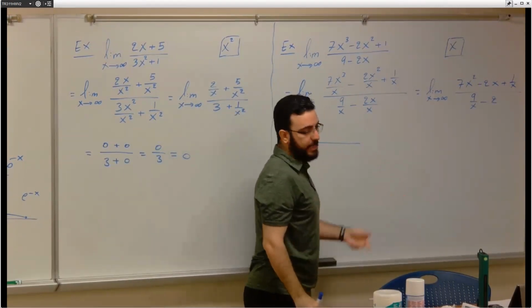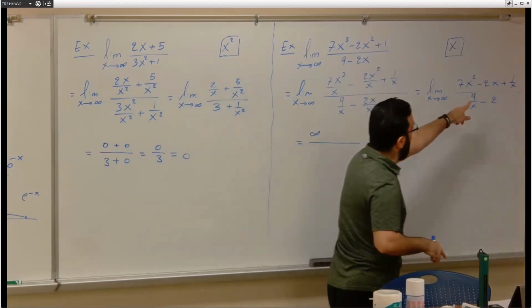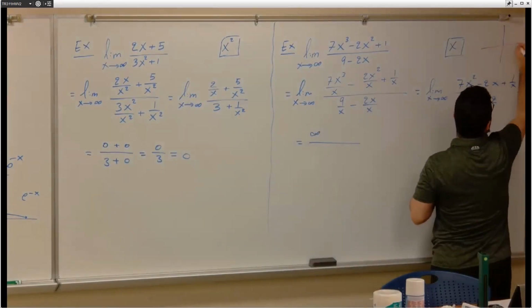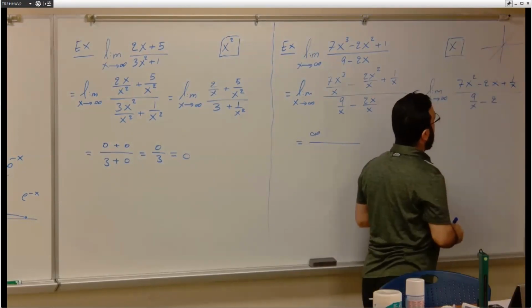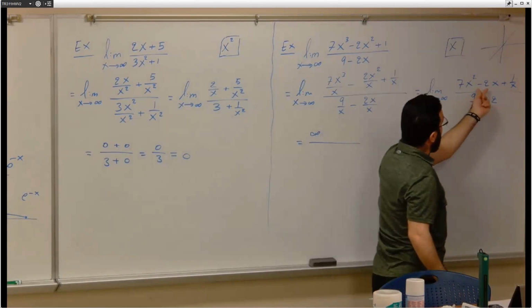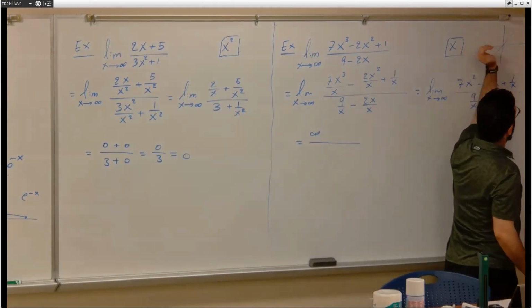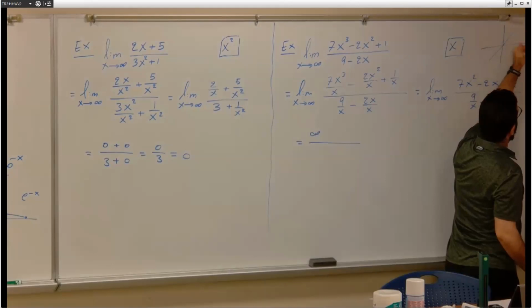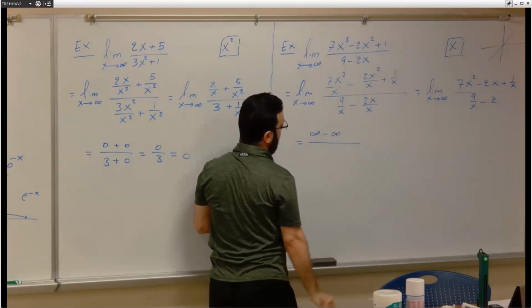Minus 2x. Negative 2. The limit for x, if you graph the function x, the function x looks like this. I'm talking about the limit to infinity. So the limit for x as x goes to infinity is going to where? Also to infinity. So let's say minus infinity.